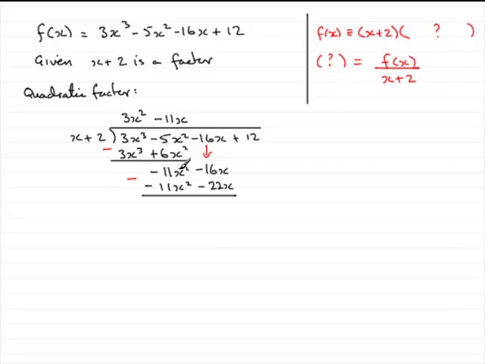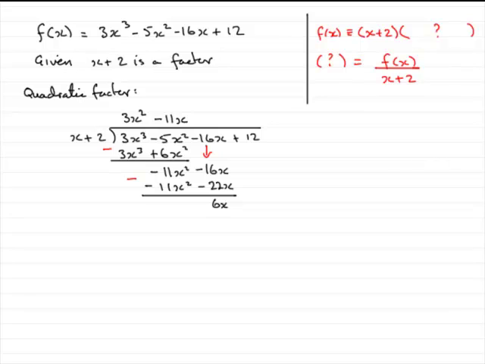Be careful here though, we've got minus 11x squared minus minus 11x squared, so that's 0. Again, I won't bother putting that in, but take care again here, minus 16x, subtract minus 22x. So that's the same as minus 16x plus 22x, and that's going to leave me with 6x.